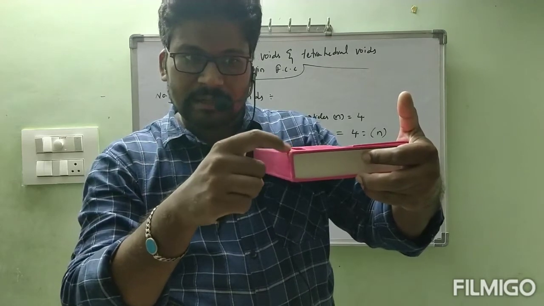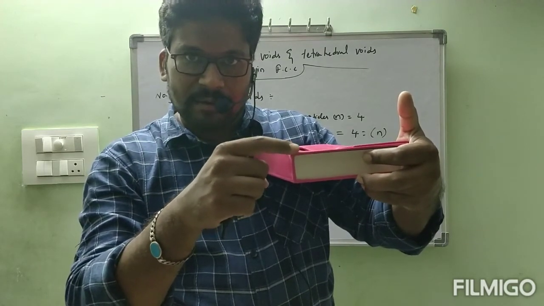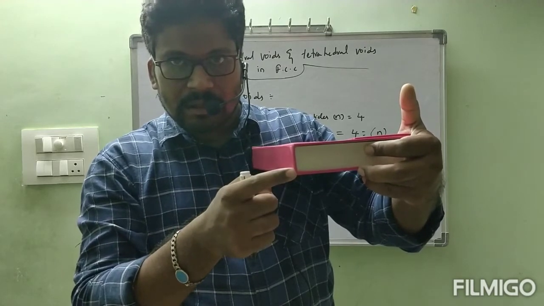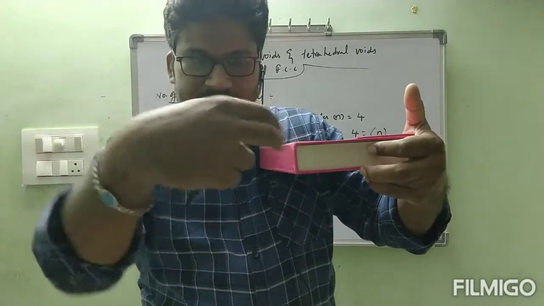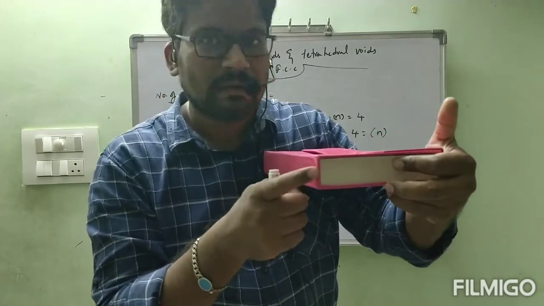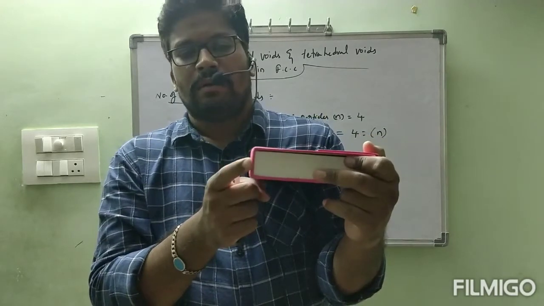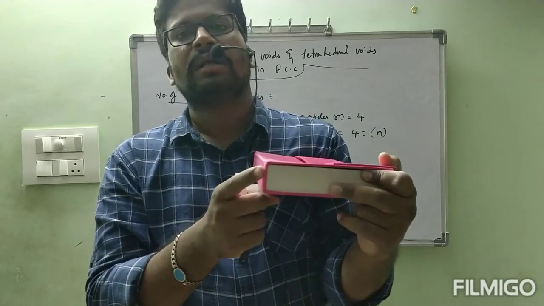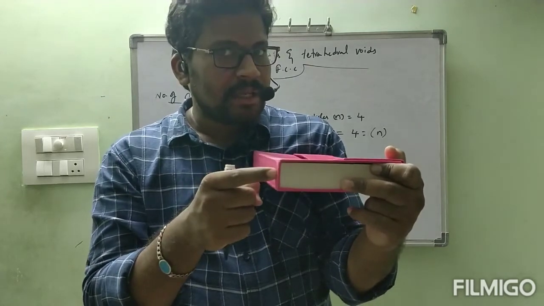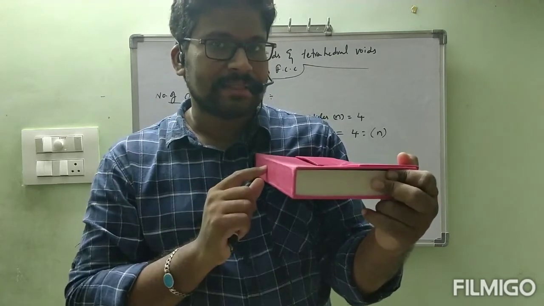Corner particle is there, na? 5. This corner particle 6. In between these 6 particles we have this gap. This is called octahedral void. One more time, this octahedral void is present in between 6 particles.